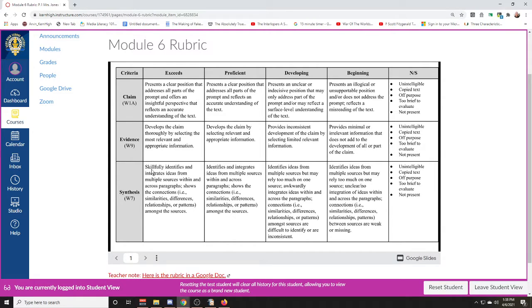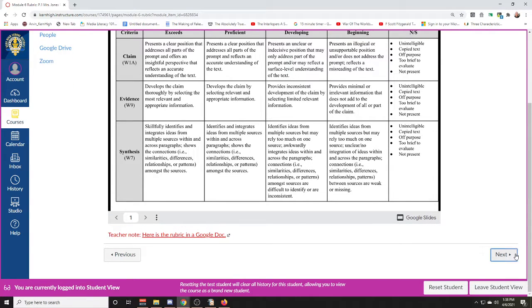So when you do that, what you're doing is you're identifying the main ideas of a story, and you're taking into consideration multiple ideas across multiple sources and multiple paragraphs. I'm going to be having you guys look deeply at a text, making comparisons, and showing similarities and differences and relationships or patterns that you see throughout the reading. Okay.